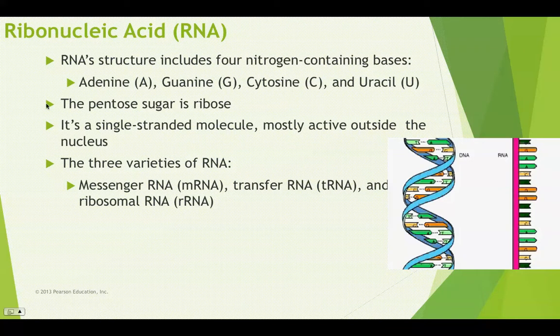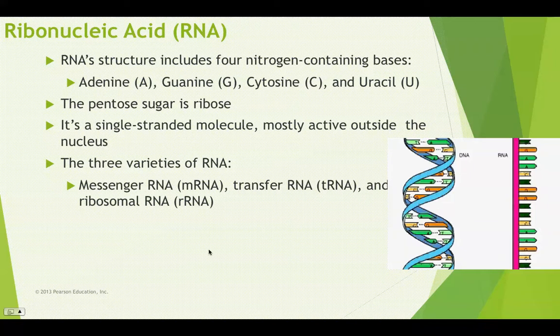Ribonucleic acid, or RNA, also has four nitrogen-containing bases: adenine, guanine, cytosine, but instead of thymine, it's uracil. So it's slightly different in that of the four, it's not thymine, but uracil. The pentyl sugar on the side chain is ribose, not deoxyribose. And this is a single-stranded molecule, and it's mostly active outside the nucleus.